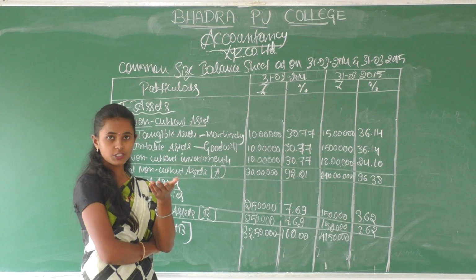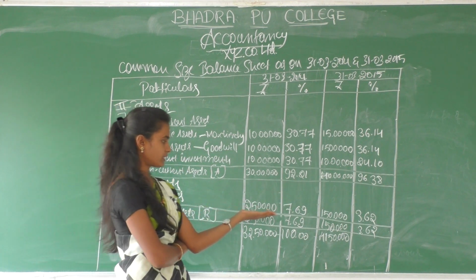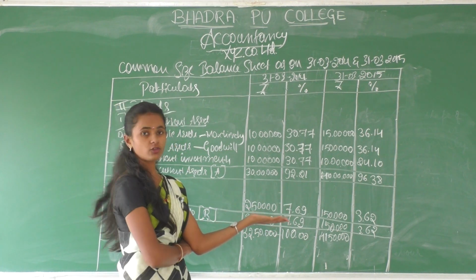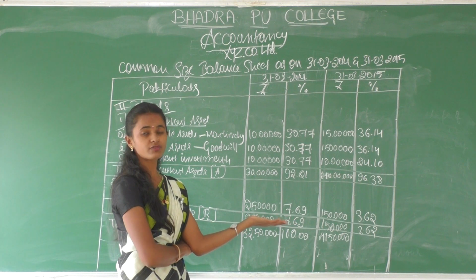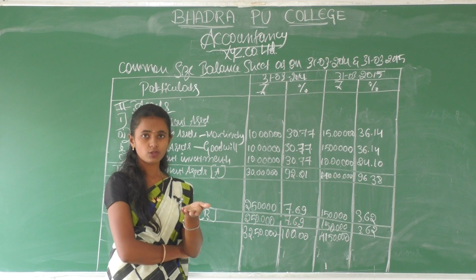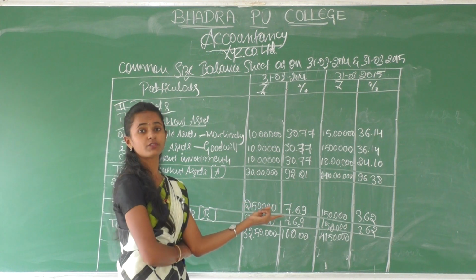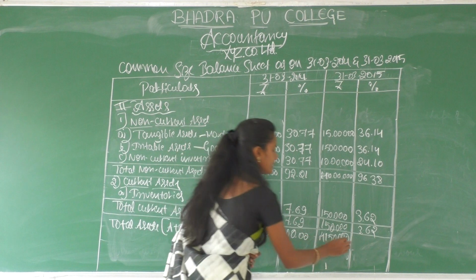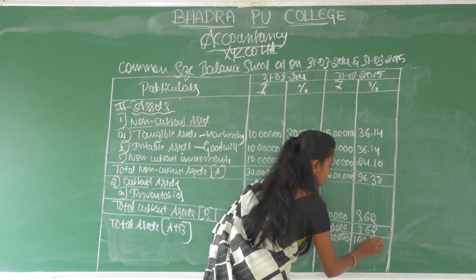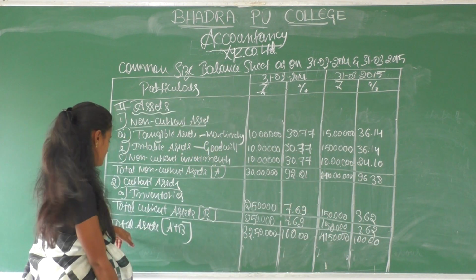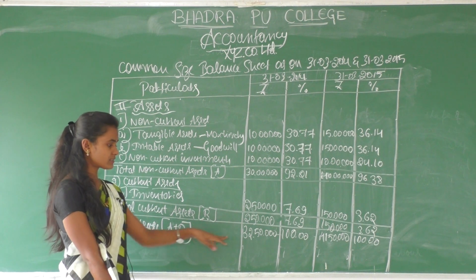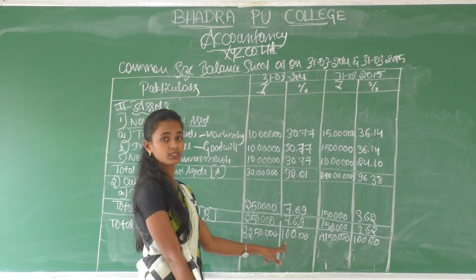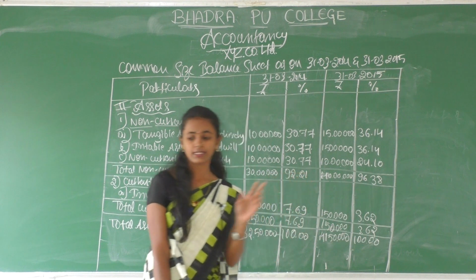Again go back to your question and check: we got the same amount as the total, 41,50,000, in equity and liabilities in the solution, and again it's 100%. This is our final answer: 32,50,000 100% and 41,50,000 100%.